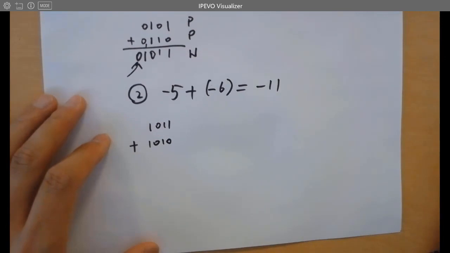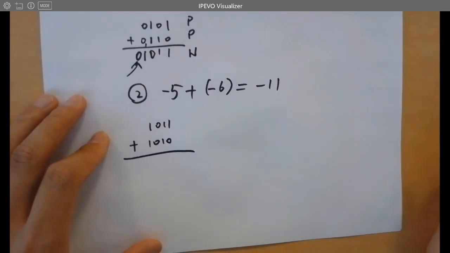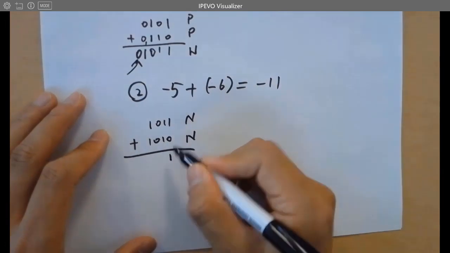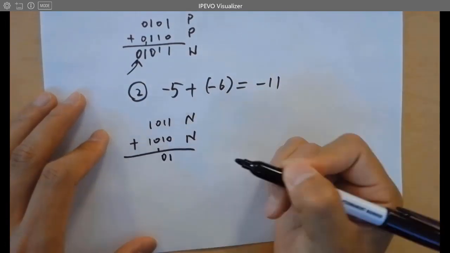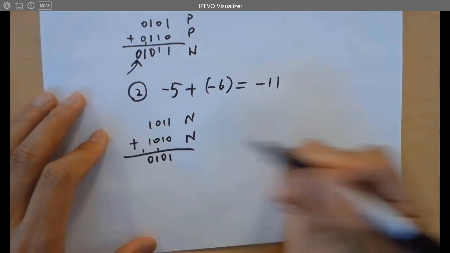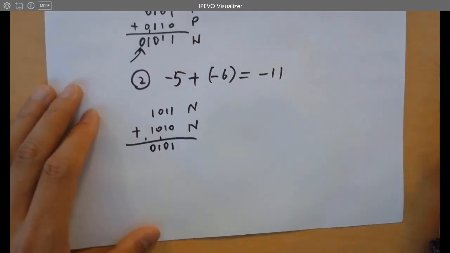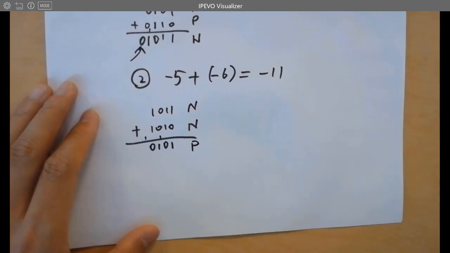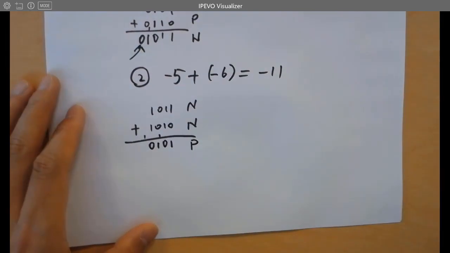Right? What's the result? You got N, 1, 0, 1, 0. Oops. Right?